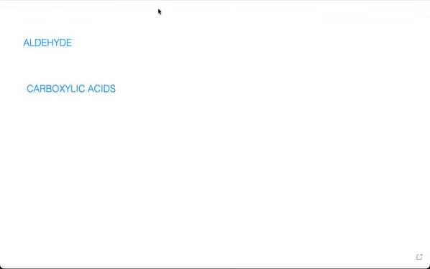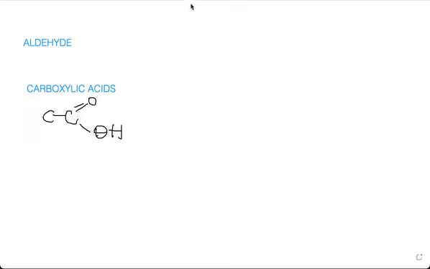Let me show you the structure of carboxylic acid. Let's make it with ethane now. 2 carbon. Now you know the shape of the molecule should be trigonal. OH. Yes, oxygen always makes a double bond. This is carboxylic acid. You can fill the rest of the bonds with hydrogen.